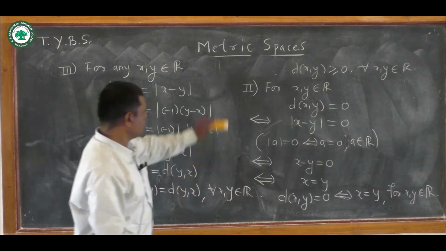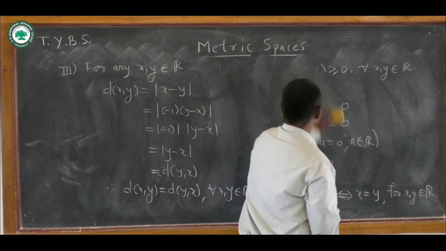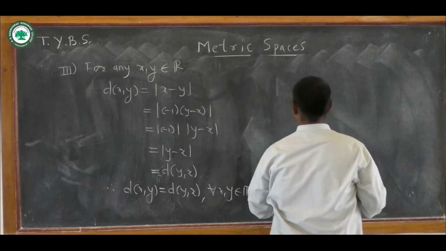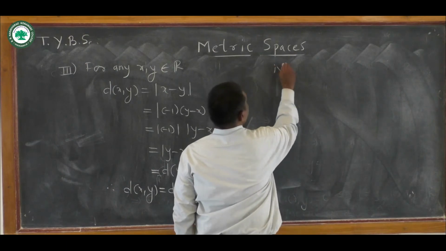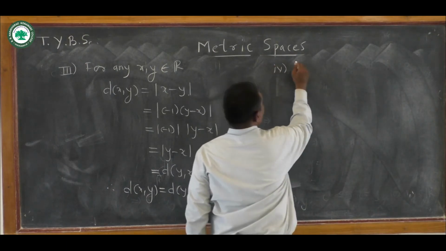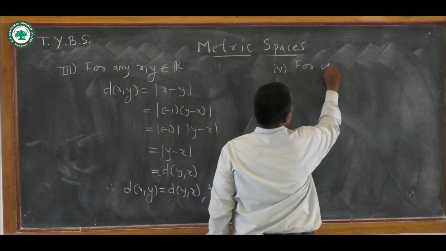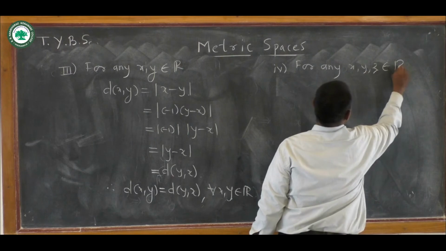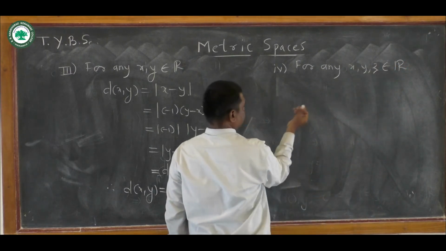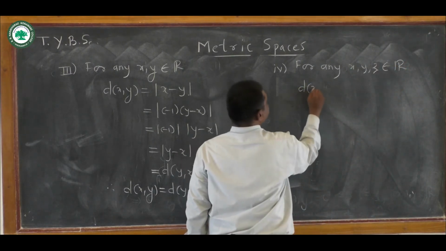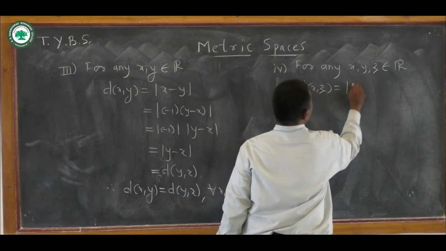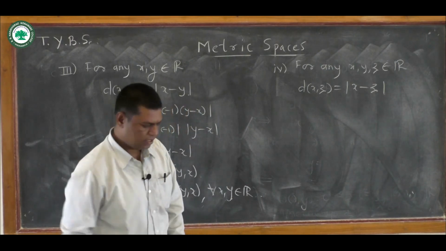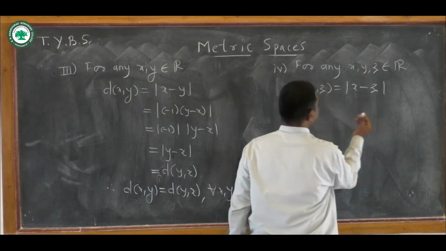Now the last condition is the triangle inequality. For that we take three points, for any x, y, z belonging to R. We write the distance between x and z as |x − z|.